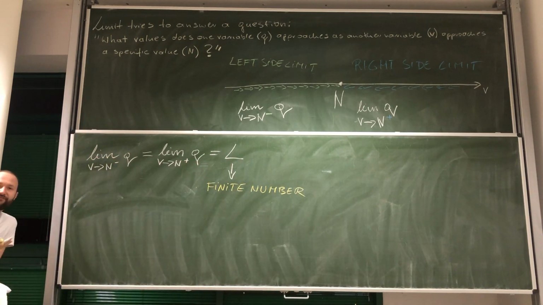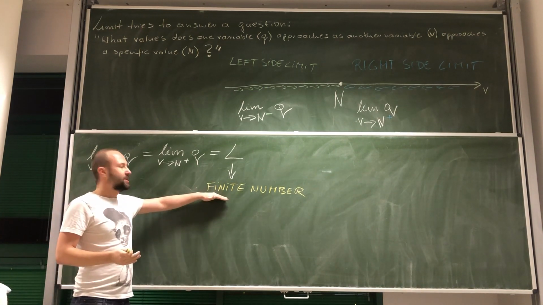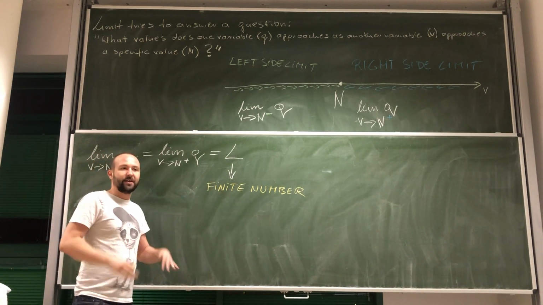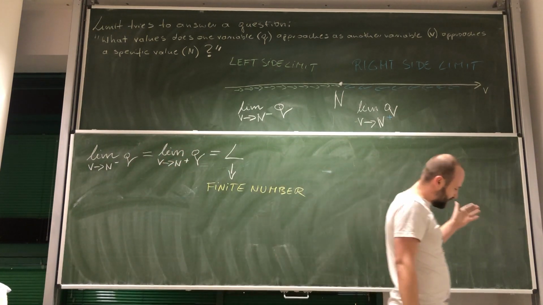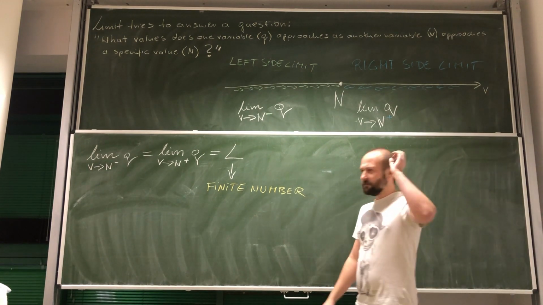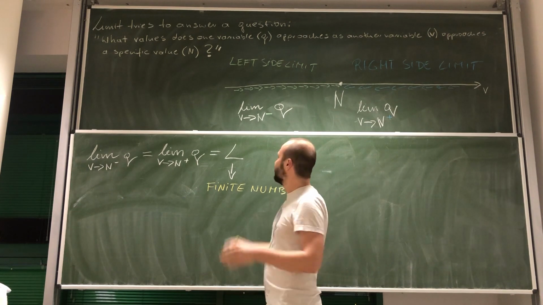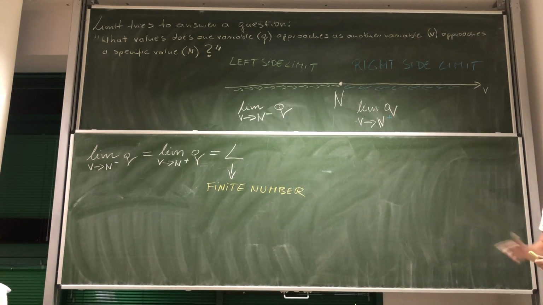Okay, now what is a finite number? Well, finite means not infinite. So look, if our answer is neither infinity nor negative infinity, we are getting a finite number. This is a constant, basically. We are getting some value.